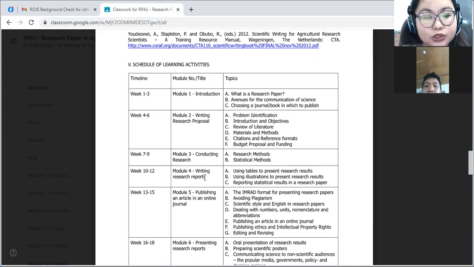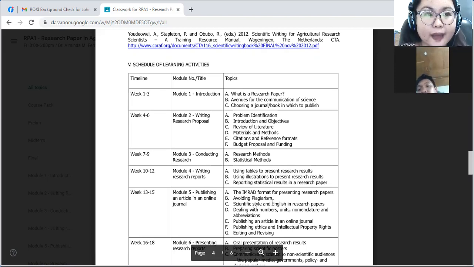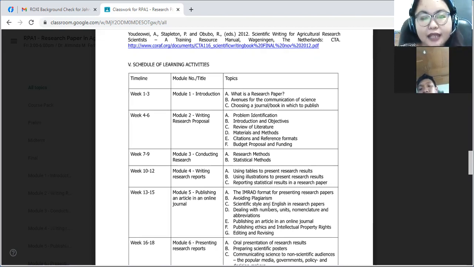In Module 4, writing research reports, you should be able to present the research result using tables and illustrations, and also analyze statistics or interpret the statistical result.